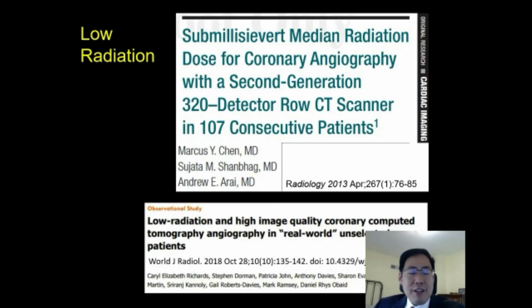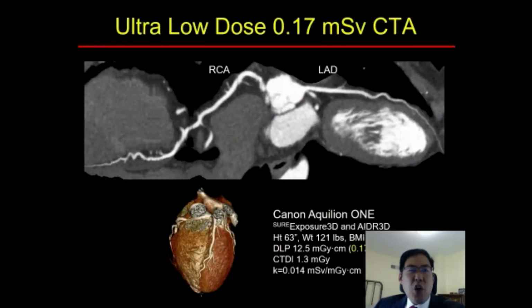My group has demonstrated that, and other groups have as well. And here's an example of an ultra low dose. This is a 0.017 millisievert cardiac CT, which is done in someone who's not underweight. It's a BMI of 21, normal sized, 5'3", 121 pounds. It's a good quality image with good SNR, no artifacts.